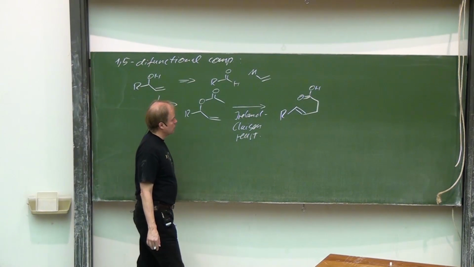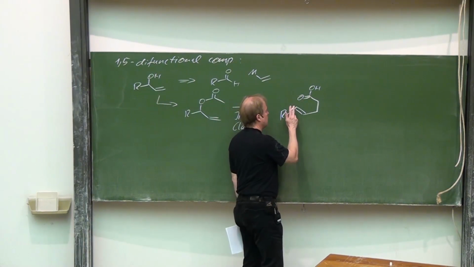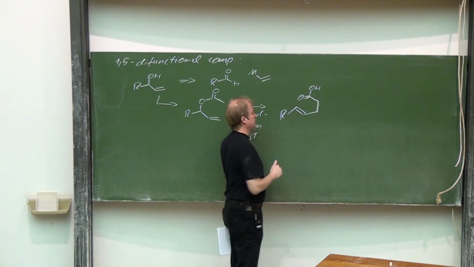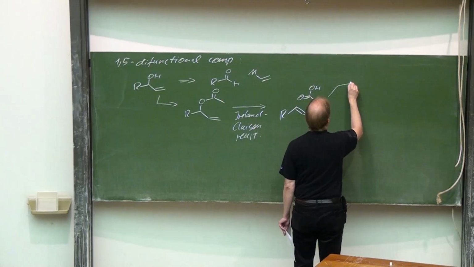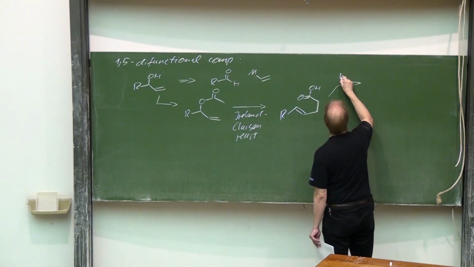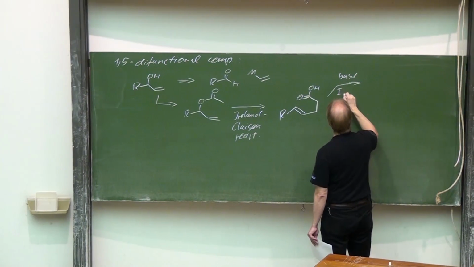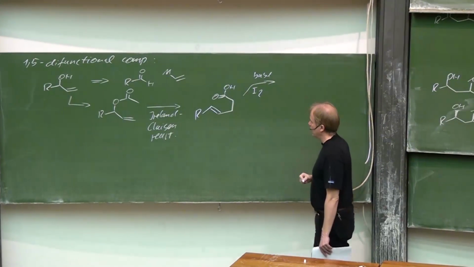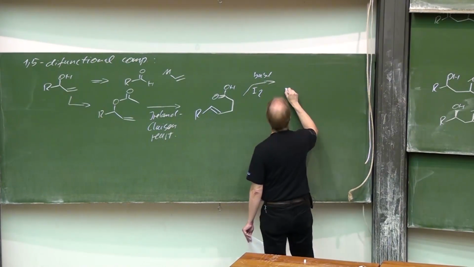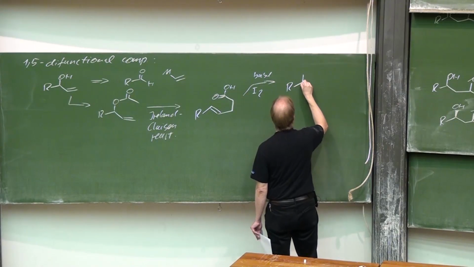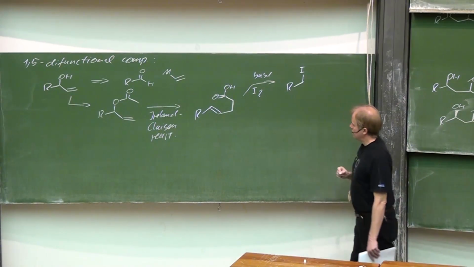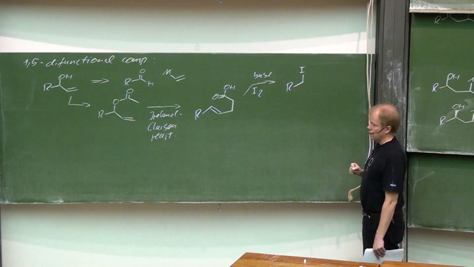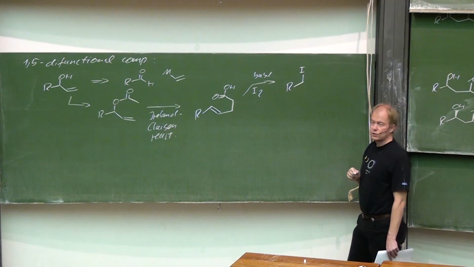Leading to this gamma delta unsaturated carboxylic acid, treat with the base in the presence of iodine. You will then observe an iodolactonization.